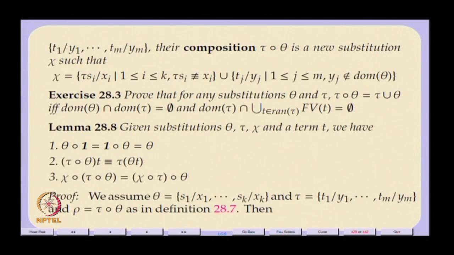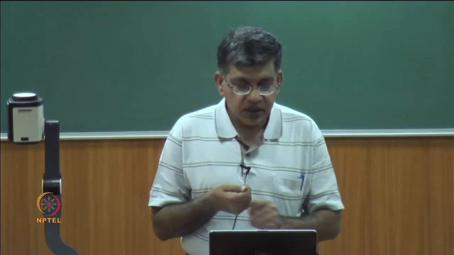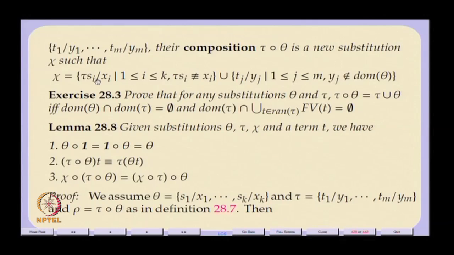So I have tau composed with theta. Since they are like function composition, I am just using the function composition operation. So, this is a new substitution chi such that you need to look at the domains of theta and tau, and since you are performing things in sequence, you separate out those variables which are not in the domain of theta, which means that any application of theta will not disturb those variables.